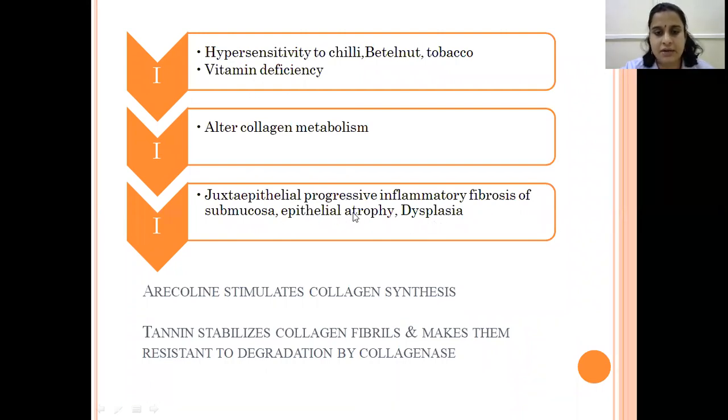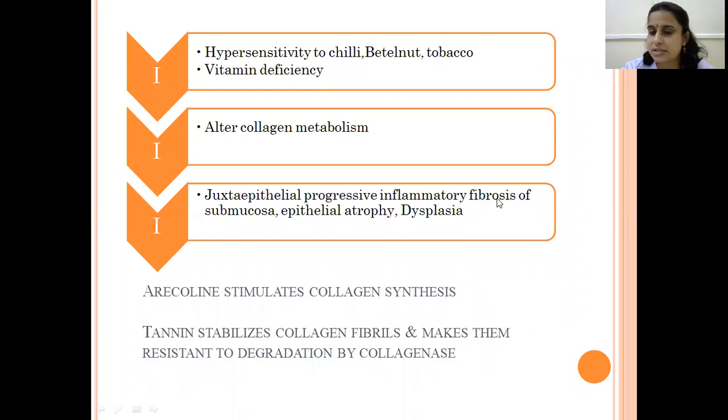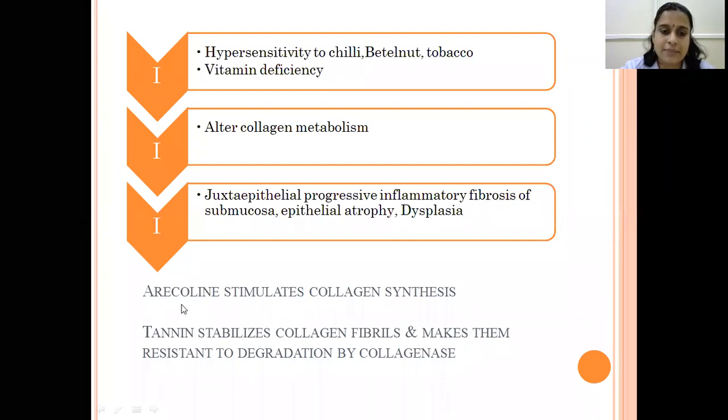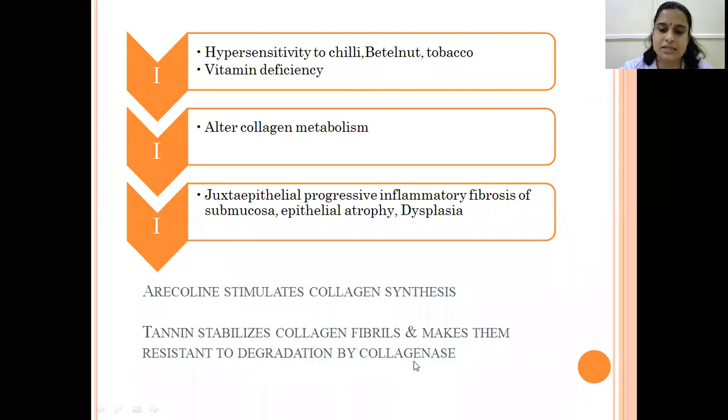Now, what happens? Arecoline, the content in areca nut, stimulates collagen synthesis. And tannin stabilizes these collagen fibrils and makes them resistant to degradation by collagenase. Hence, there is extensive fibrosis.